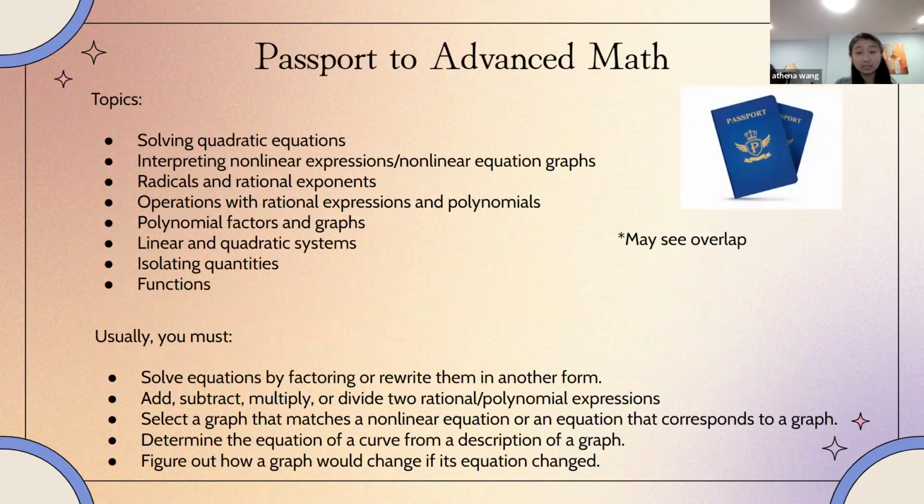The second part is Passport to Advanced Math. There are many more sections here. So we're going to go over solving quadratic equations, interpreting nonlinear expressions or nonlinear equation graphs, radicals and rational exponents, and division, multiplication, addition, and subtraction with radicals and polynomials.